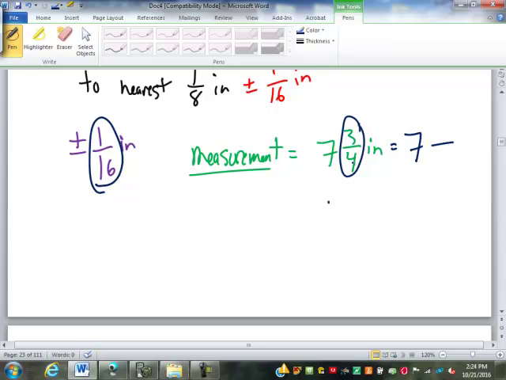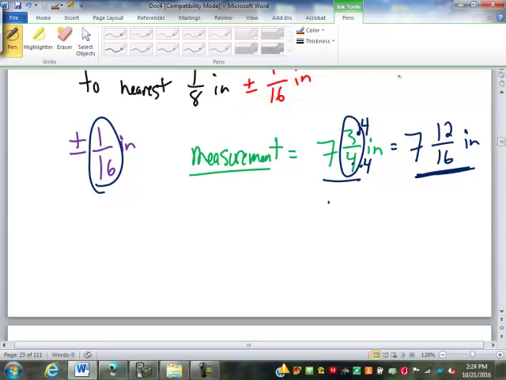So what do we have to do to a 4 to change it into a 16? Well, 4 times what makes 16? 4. Perfect. So what do we do to the 3? Also, perfect. So 3 times 4 makes 12/16. So 7 3/4 is equal to 7 12/16.